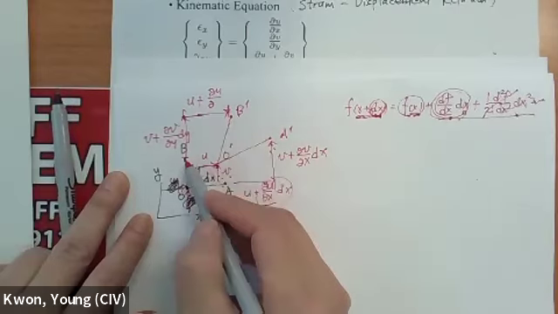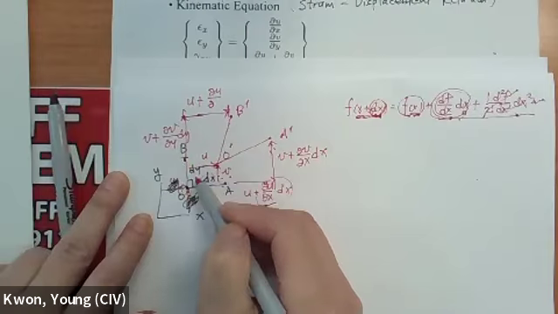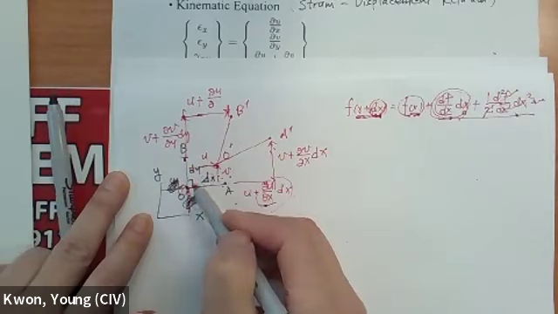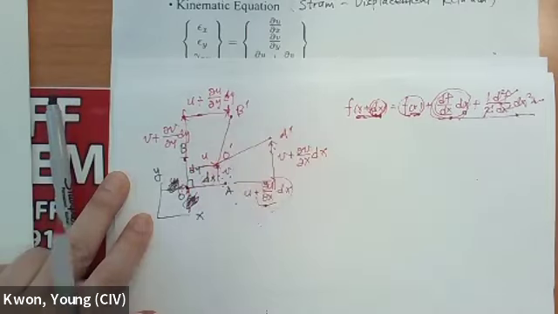B is separate from O by dy, right? So this variation should also be dy. Make sense?